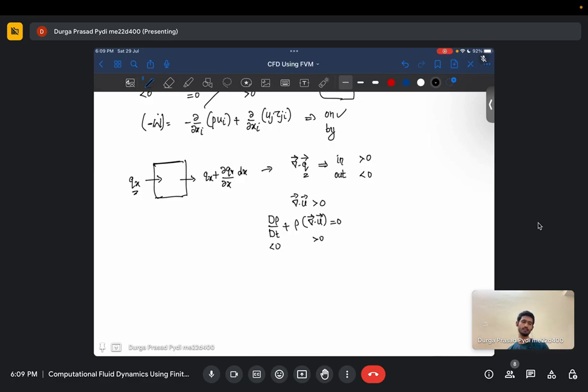So what does that mean? Your density is decreasing, which means the fluid is going out or coming in? It's reverse. So essentially your divergence gives you the net outflux. Yeah, it's reverse. I said, okay.